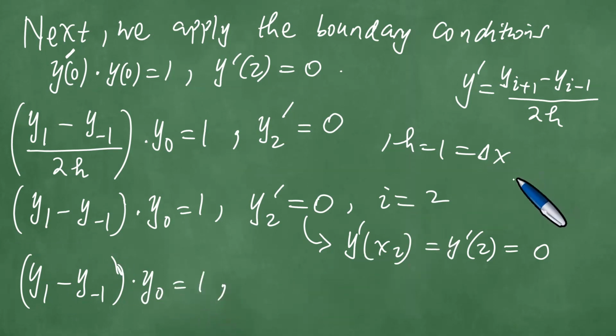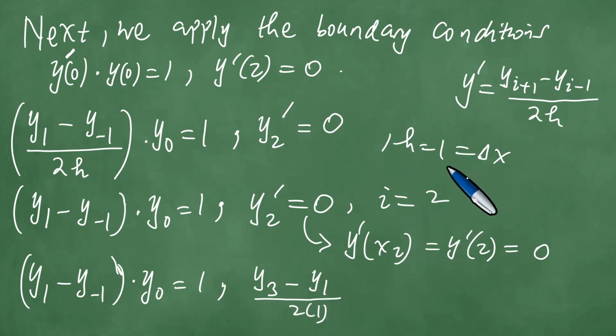Now, when you come here at i equals 2, what do we get? So you're going to get y3 minus y1 out of 2 into 1, because h is 1. And therefore, this one here is equal to 0.